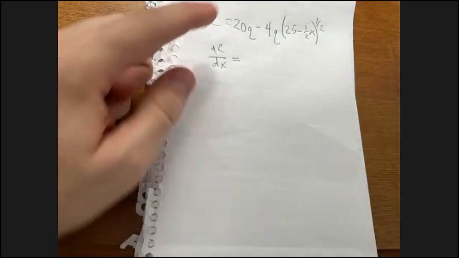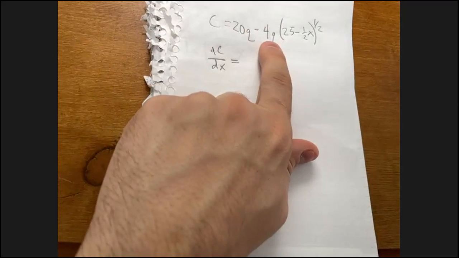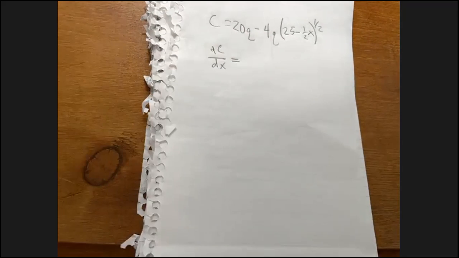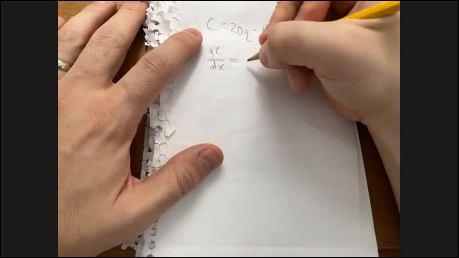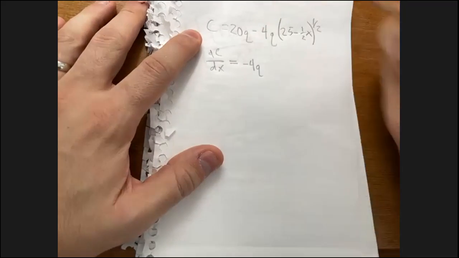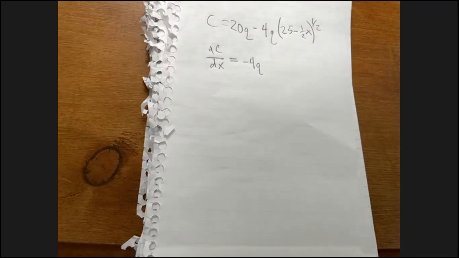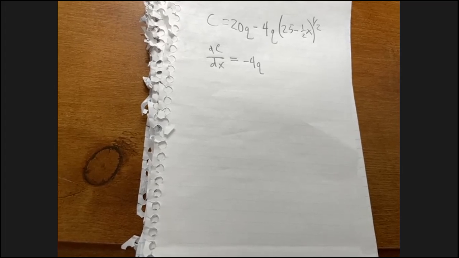Okay, and then what about the second term? I treat that negative 4q as a coefficient, as a constant. I'm going to leave it there. You can always take the coefficients outside of a derivative, meaning you multiply it. Sorry, go ahead. Why wouldn't it just be 20? Oh, because we're doing dc dx.